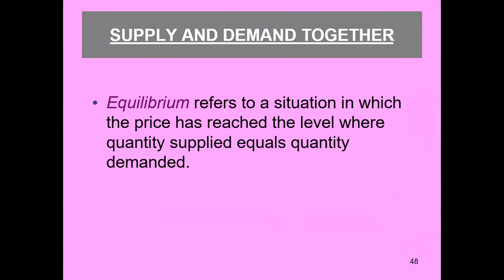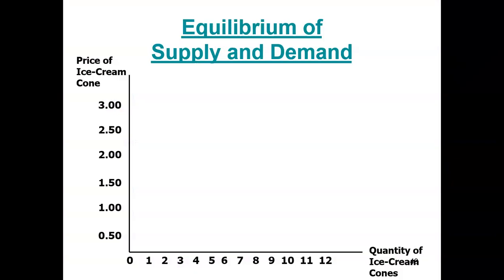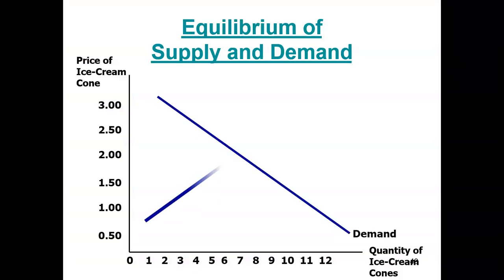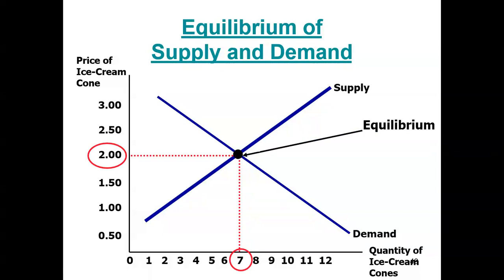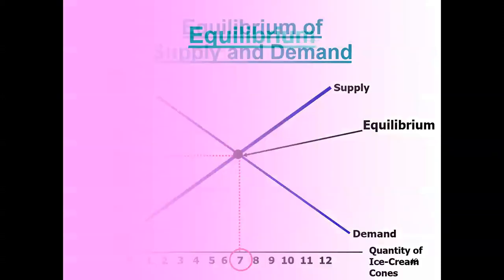Then supply and demand go together, and that is called equilibrium, the situation in which the price has reached the level where the quantity supplied equals the quantity demanded. See here, the graphical representation of equilibrium will be like this. The demand slopes downwards, supply upwards, and where they meet, this price is known as the equilibrium price, and the quantity at that point is known as the equilibrium quantity.